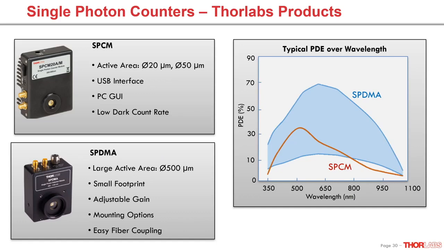The user can optimize between low dark current, the lower curve, and high PDE, the upper curve. It additionally features a large active area of 500 microns, a small footprint without the necessity of fan cooling, and simple fiber access.